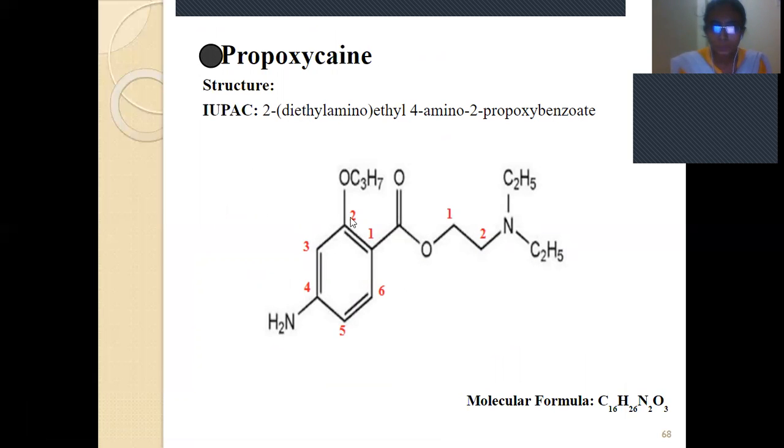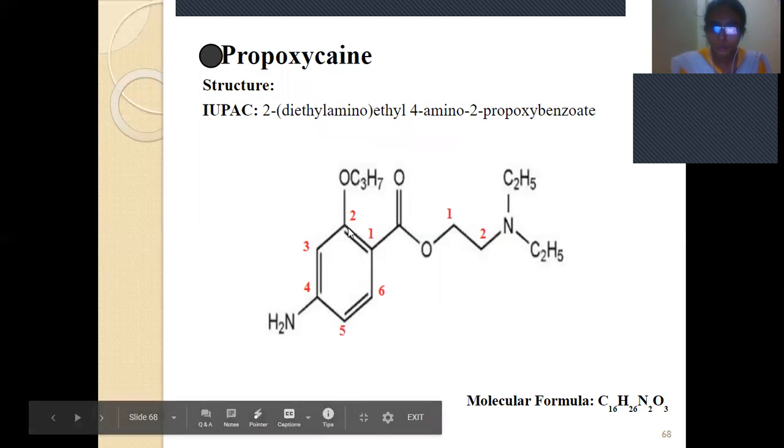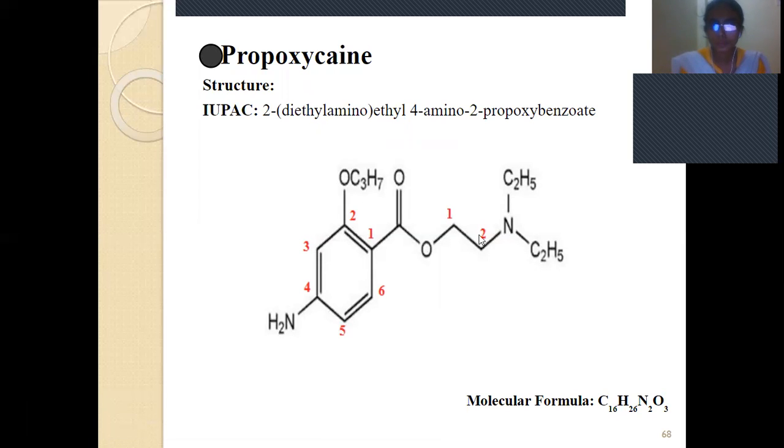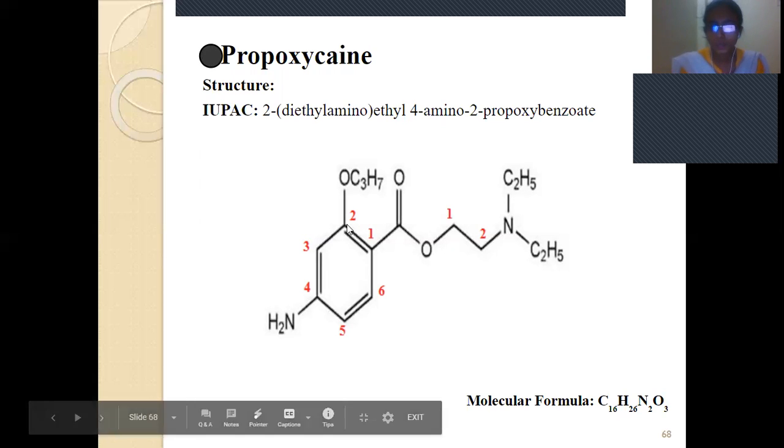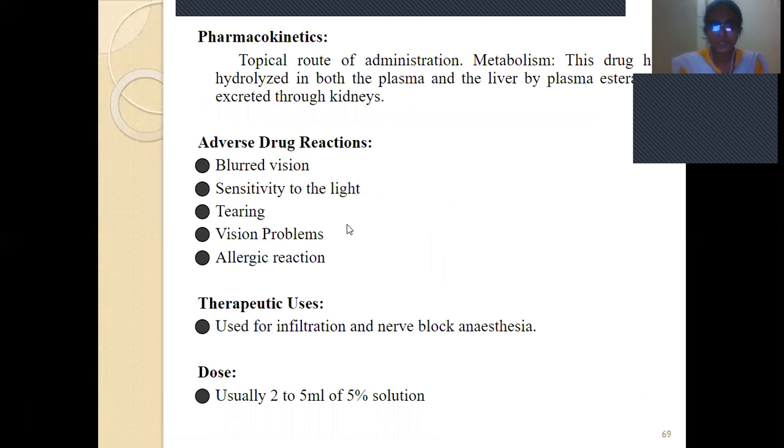In the second position, this is the propoxy. 3 carbon atoms are there, propoxy, and here 1, 2 means ethyl, diethylamino. So 2-diethylaminoethyl 4-amino-2-propoxybenzoate. So this is the structure and IUPAC name.